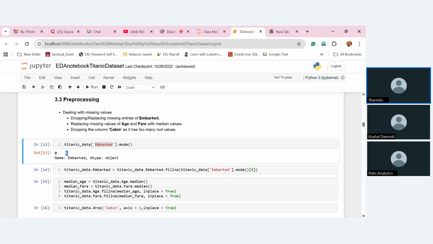The value that comes again and again, right? The most frequent value. Yes, the most frequent value is mode. You are right.